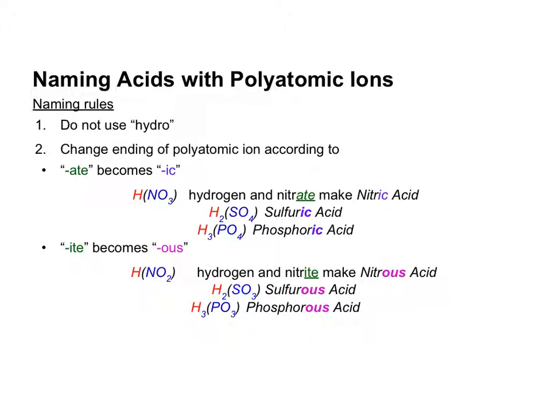So for example, HNO3 is hydrogen and nitrate, and they make nitric acid. H2SO4 becomes sulfuric acid. H3PO4 becomes phosphoric acid. HNO2 is hydrogen and the nitrite ion, which makes nitrous acid. H2SO3 is sulfurous acid, and H3PO3 is phosphorous acid.